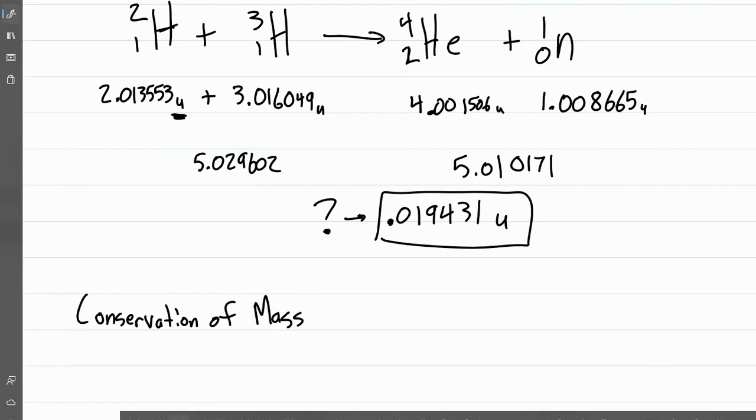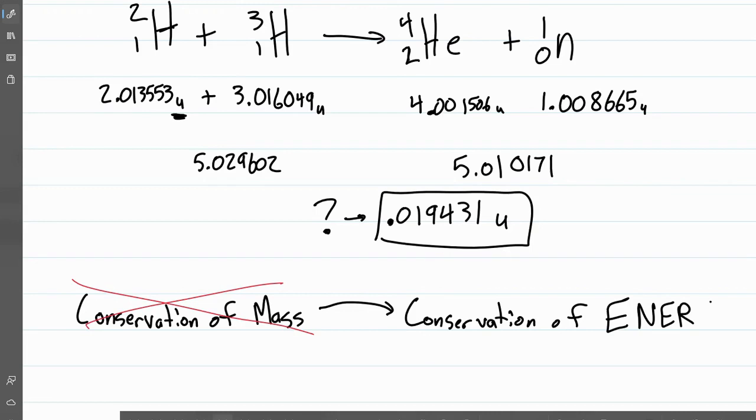I'd be honestly shocked if it wasn't. But conservation of mass, Einstein said, how about no? There's no such thing as conservation of mass. Einstein said, instead, what if we look at this in terms of conservation of energy?